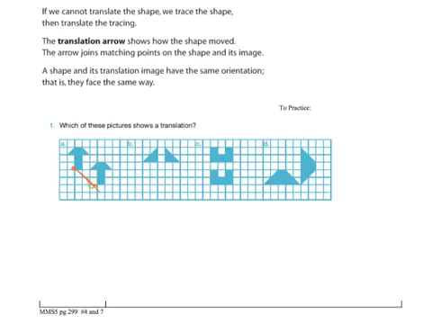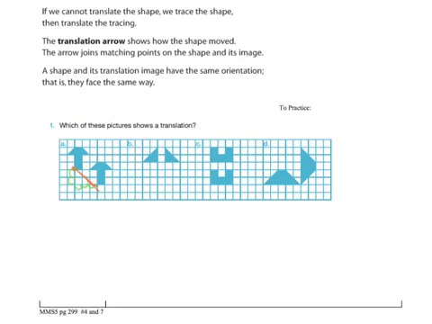So 1, 2, 3 squares to the left and 1, 2 squares up. We always need to make sure that we are picking the exact same corner or the vertex on the shape and the image when we are describing our translation.